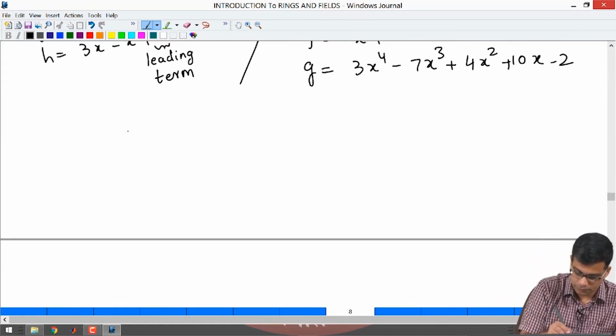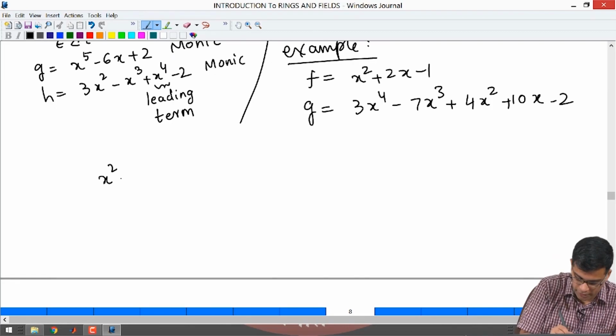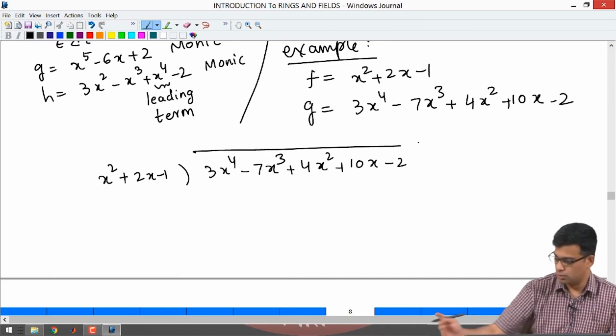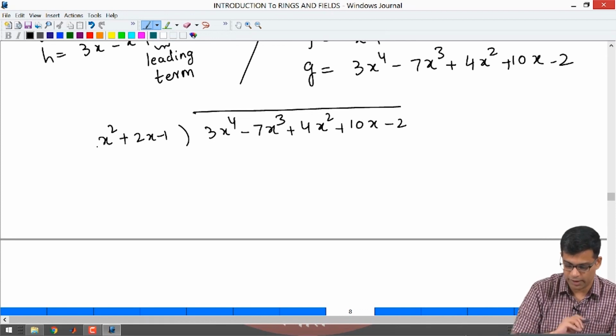Here I want to divide g by f. This is the usual Euclidean division algorithm. You have x squared plus 2x minus 1 here, and 3x^4 minus 7x cubed plus 4x squared plus 10x minus 2. First I want to divide 3x^4 by x squared.